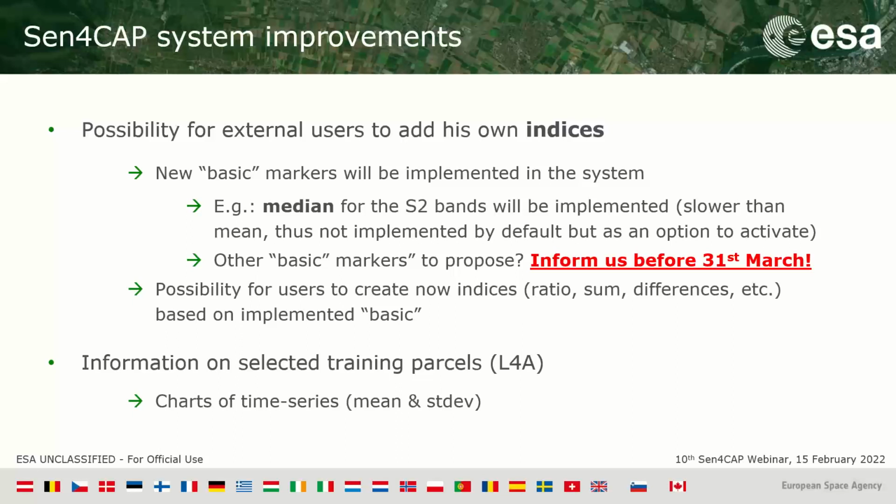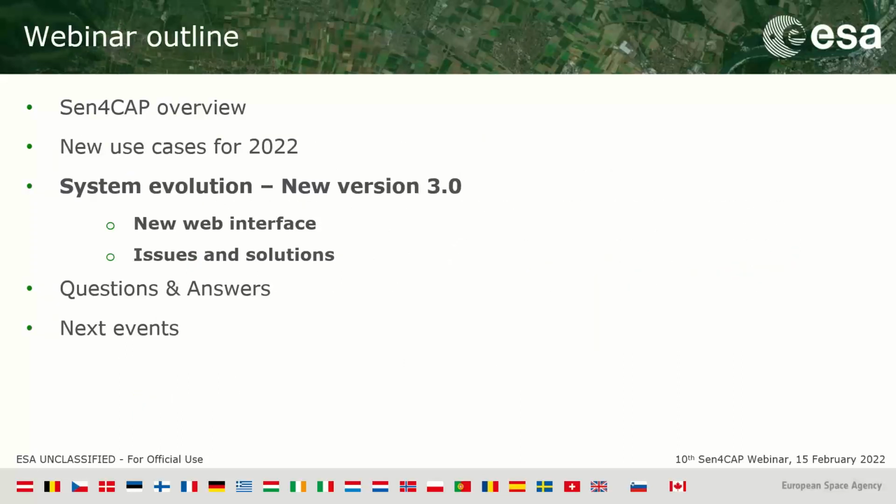That's all the improvement we will focus on during this year. So I will tell you a bit more on the actual version and what are the new interface and the issue we have for the moment.